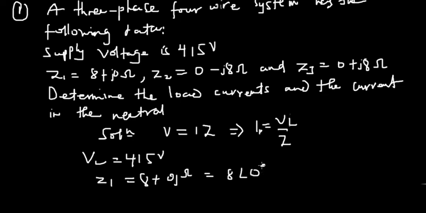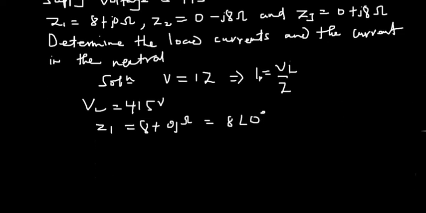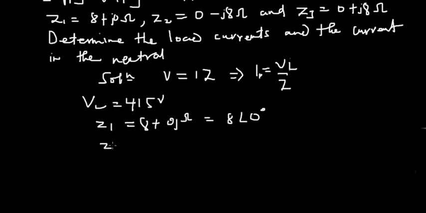Then Z2 is 0 minus J8 ohm, which is similar to a representation in polar form with an angle of minus 120 degrees.